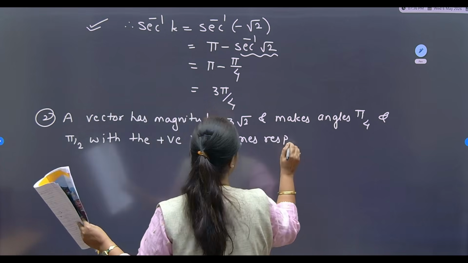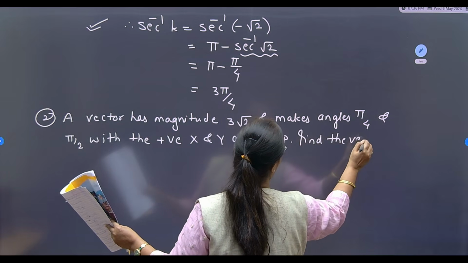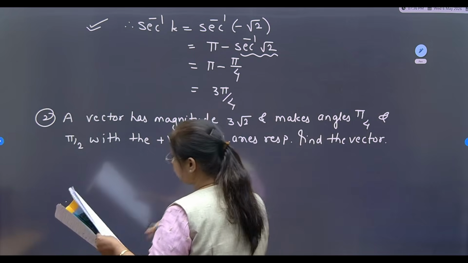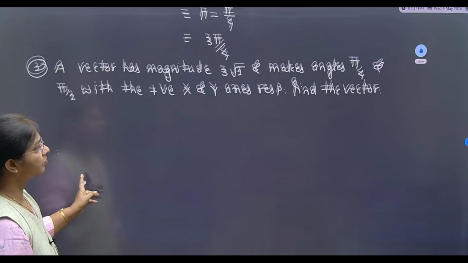Question: find the vector, means find that required vector. Okay, this is our question. Find the vector.